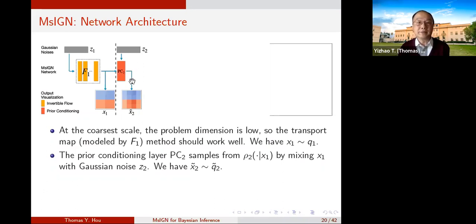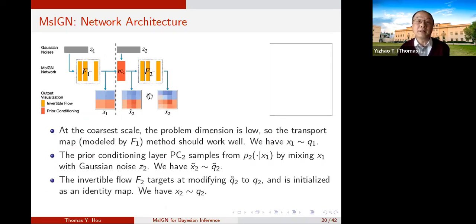and then you get the X2 tilde based on Q2, and then you train the transport map F2 using the Q2 tilde as the initial guess. But sorry, using Q2 tilde as the one that you can generate as a surrogate, right?